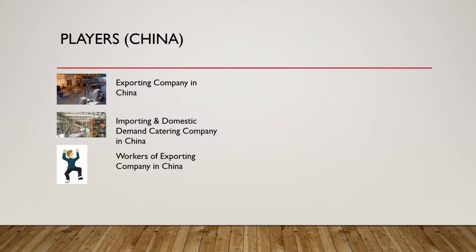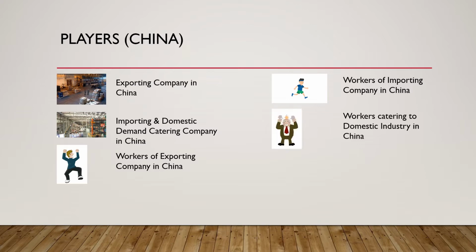Then there will be workers working in the exporting companies in China, workers working in the importing companies, that is, the companies importing goods and services from the US, and workers working in the companies catering to the domestic markets of China. And finally, we'll have the government and the central bank of China. And yes, financial institutions like in the US will also be there in China. So we shall overall club them together.